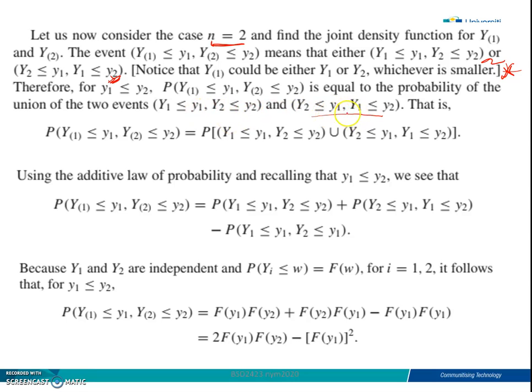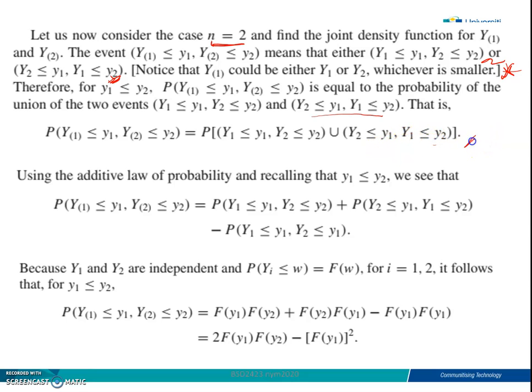So this is a union: y1 less than y1, or y2 less than y1 and y1 less than y2.